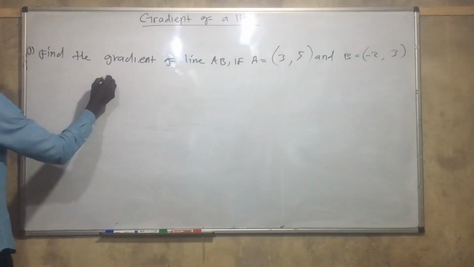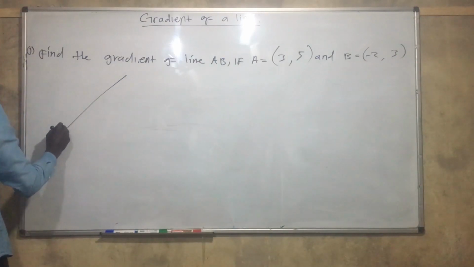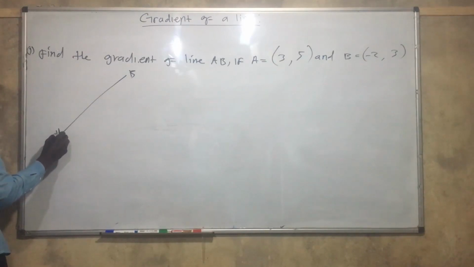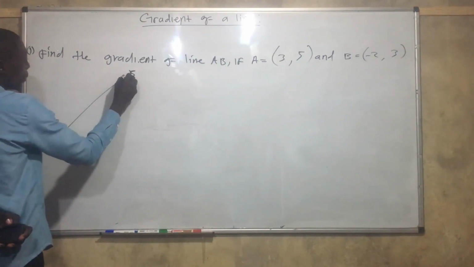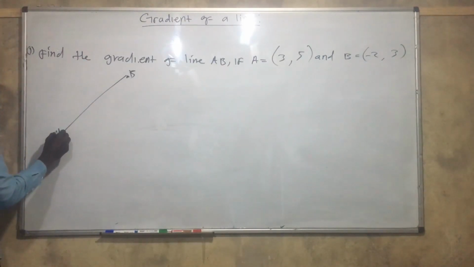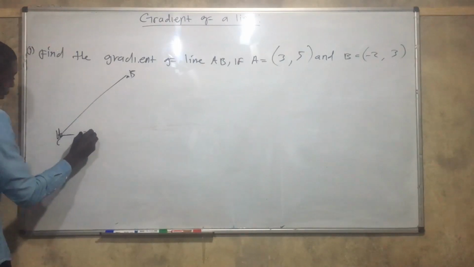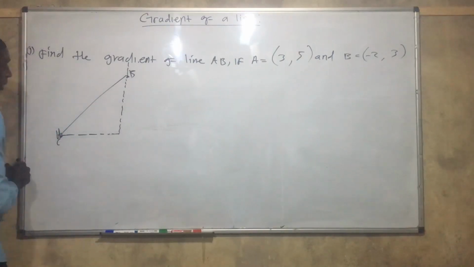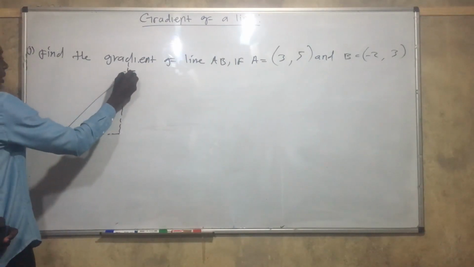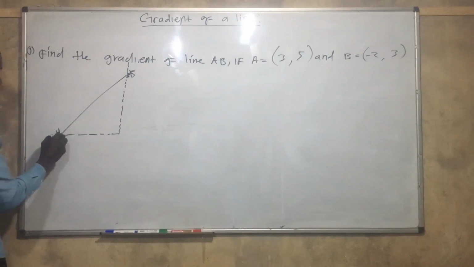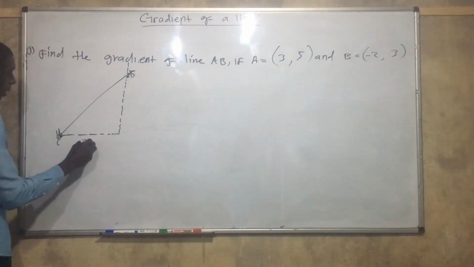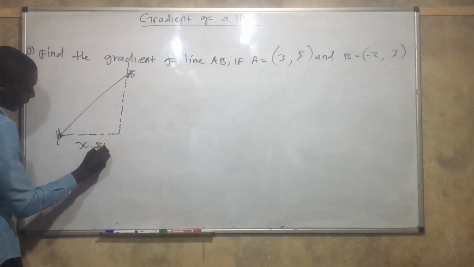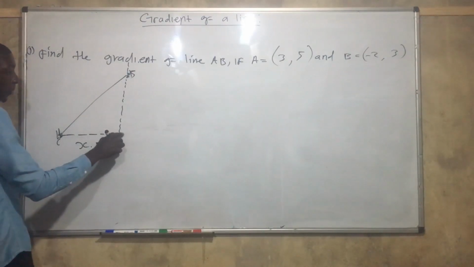It means we are looking for, this is line AB, and we have the points at point A and point B. So they are looking for the slope of this line with respect to the horizontal and the vertical. So this line represents the x steps that we are supposed to move from there up to there.